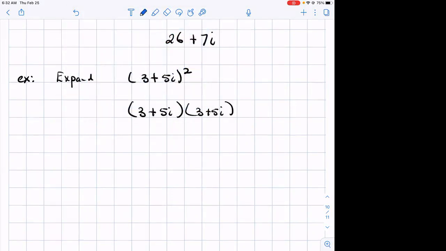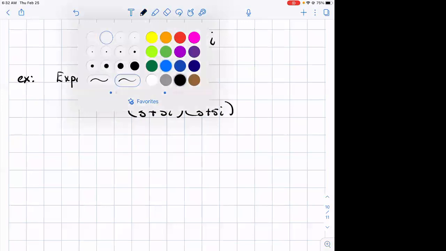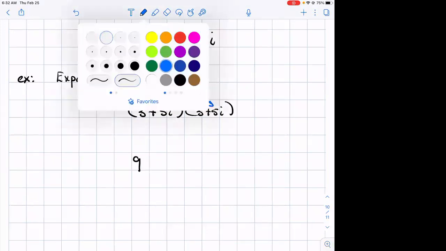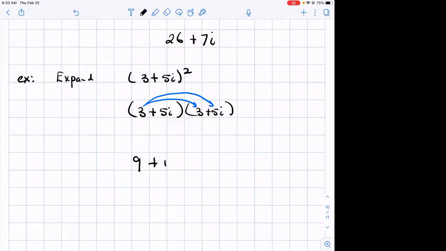So by distributing 3 times 3, which becomes 9, then we have 3 times positive 5i, and that becomes plus 15i.